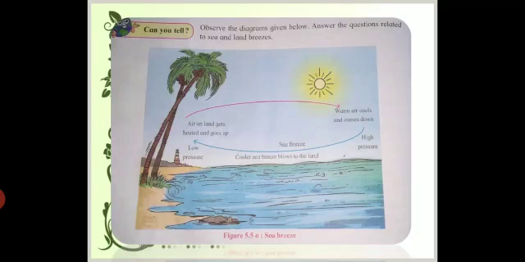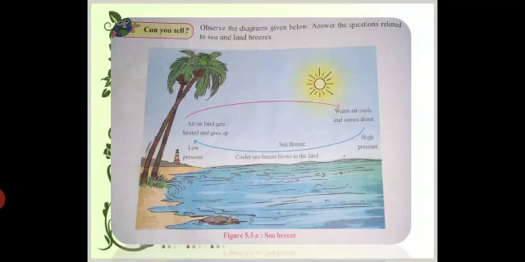Children, during the day, the sun is hot and it heats the land as well as the sea. But water in the sea heats more slowly as compared to the land. As the land is heated more, the air rises and thus creates a low pressure belt on the land.